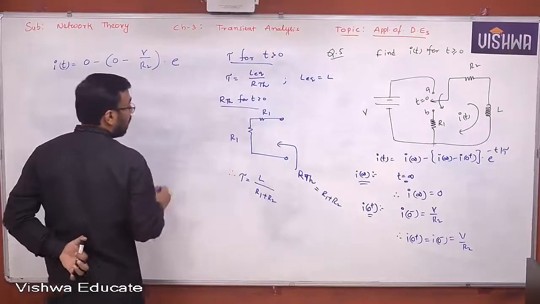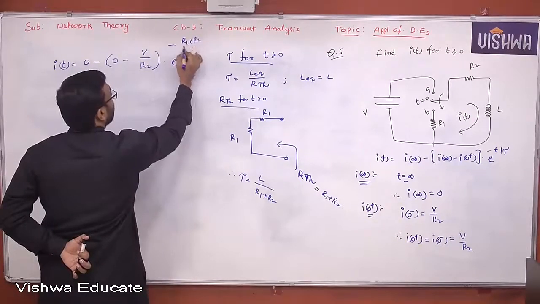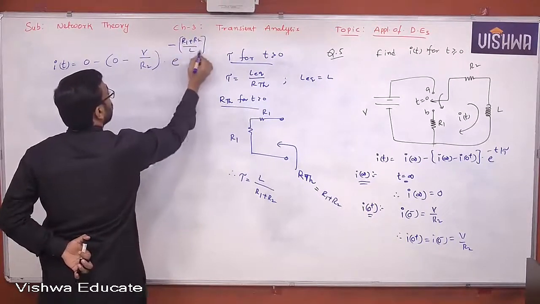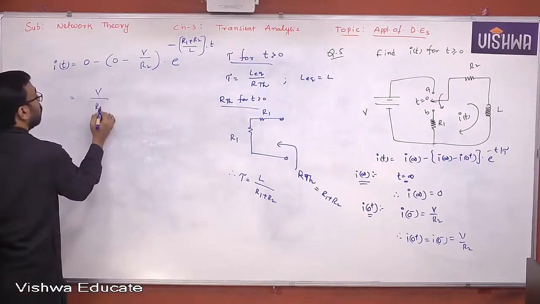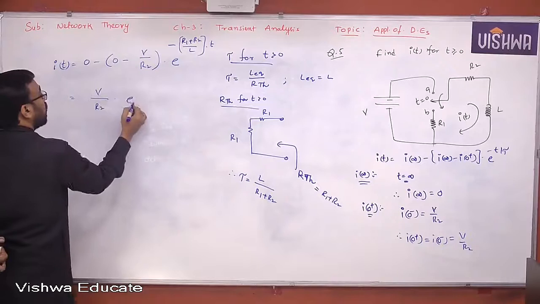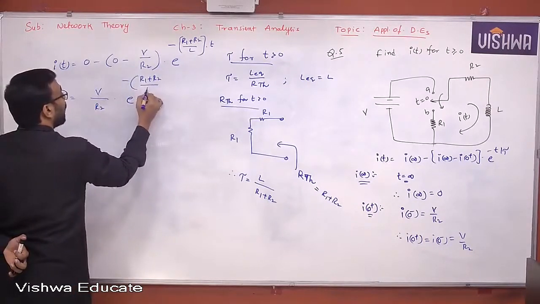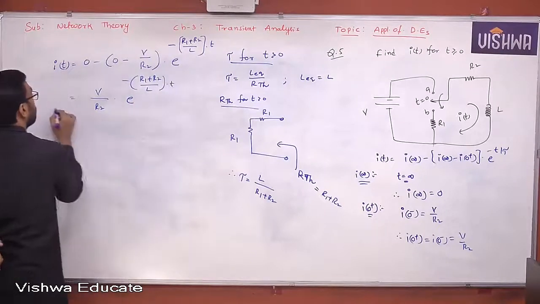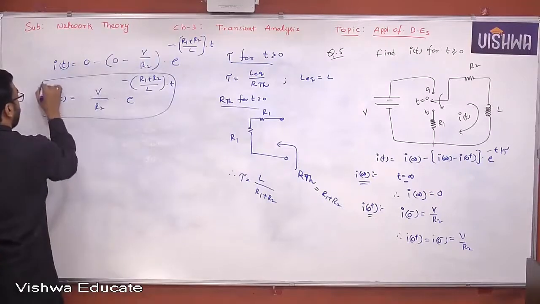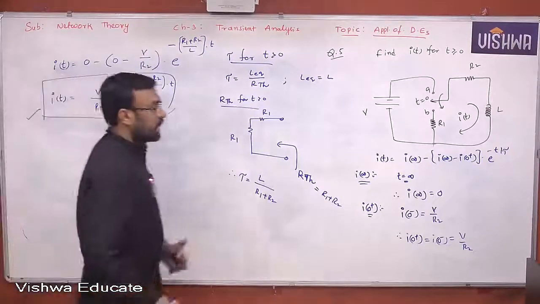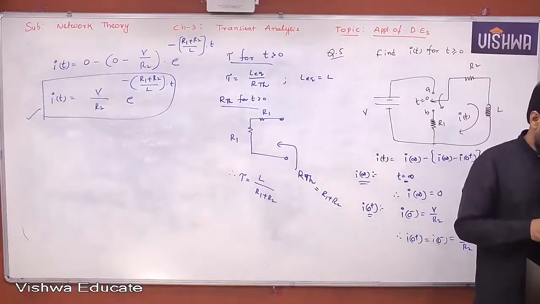So now it will be minus of R1 plus R2 by L into V by R2, into e power minus of R1 plus R2 by L of t. This is what I of t you get. Understand all of you, okay? So this is how you can solve the problem.